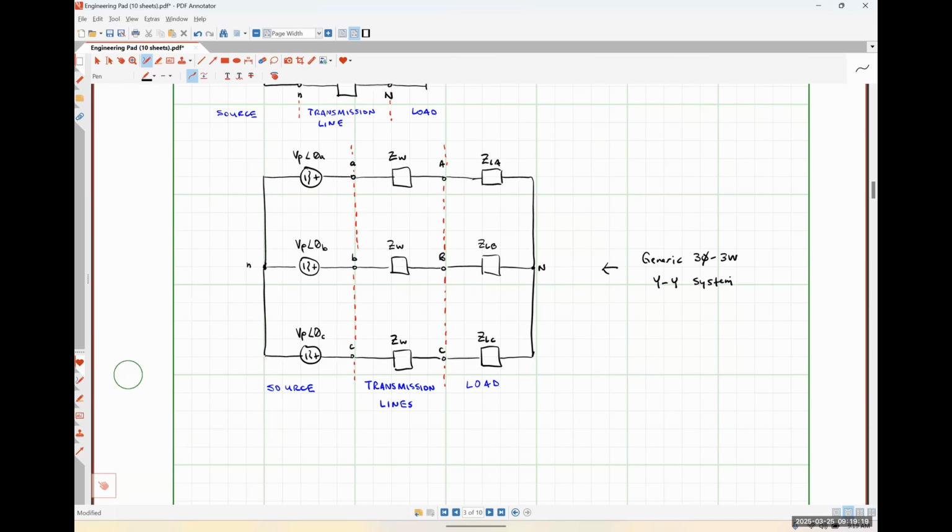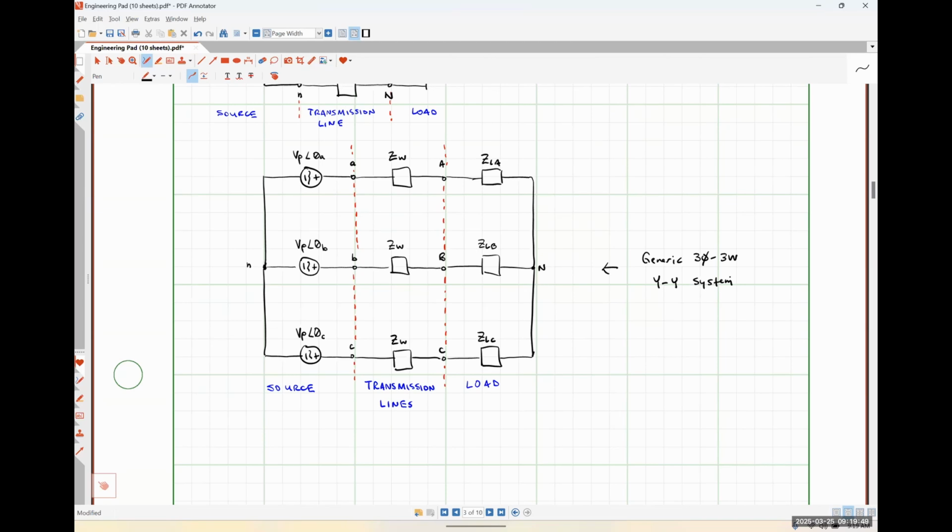It's three wire because we are connecting the source to our load with three transmission lines, one for each phase. We could also have a three-phase four-wire system where we have a specific neutral wire that's connecting our source to our load as well. This is a YY system because our source is connected in a Y configuration. We'll go into that a little bit more in a bit. And our load is also connected in a Y configuration.